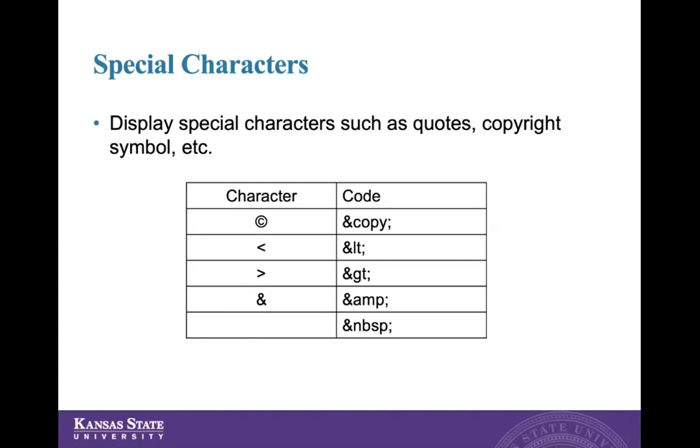The bottom one there is space. If we want to add extra spaces to our text, so for some reason you wanted a bunch of space after a sentence, you can do ampersand NBSP semicolon, and it's going to add a space in there. You can't just hit the space bar and get that to show up correctly.